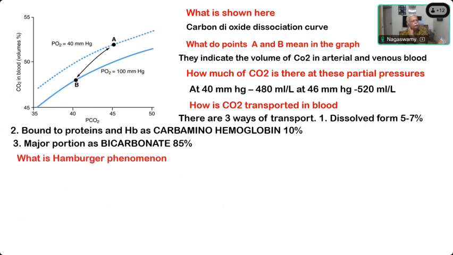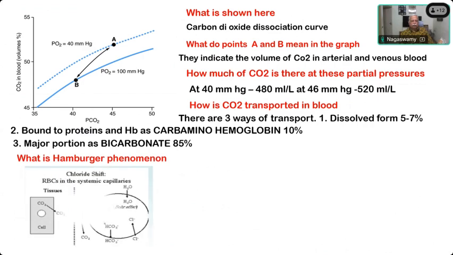This is all basic physiology questions. Suddenly you will get all these things: physiology, pharmacology. The Hamburger phenomenon or chloride shift. Okay? It goes into the RBC, gets converted, and bicarbonate is exchanged for chloride. That is how the whole thing is transported.